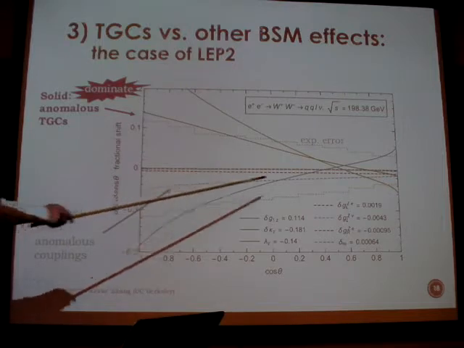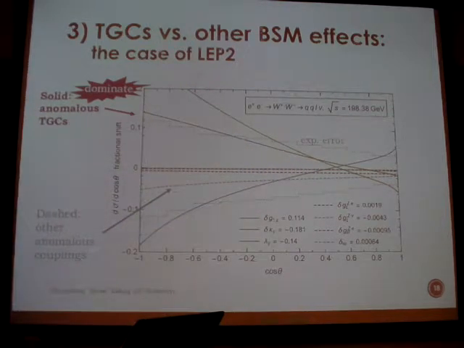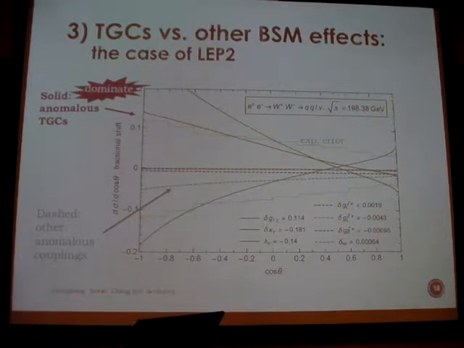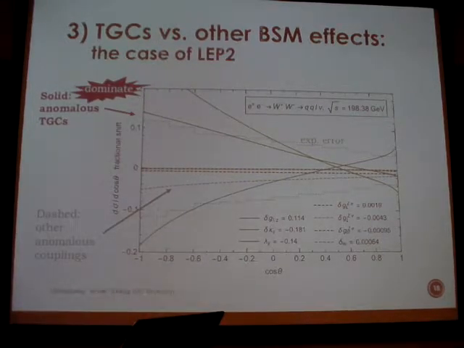Also notice that this is only for a single center of mass energy, and you can put data at many different center of mass energies together. Yeah, but also all the deviations around cosine theta of about 0.5 are small compared to the experimental error, so there's no real constraint from that region.